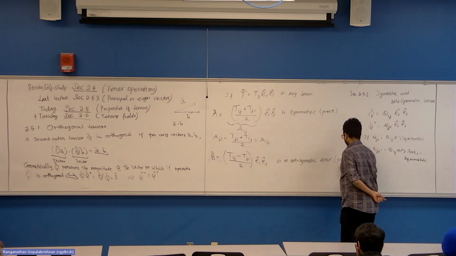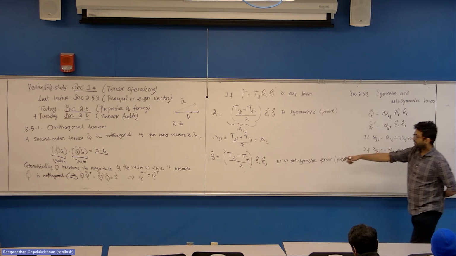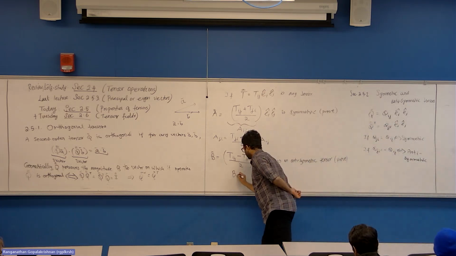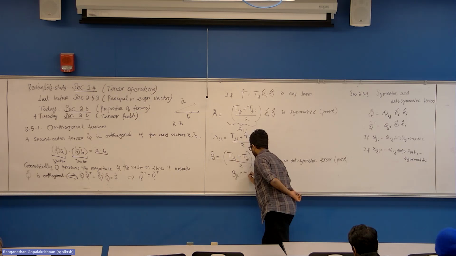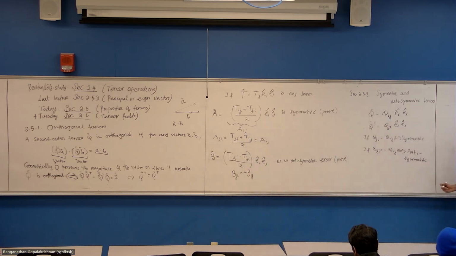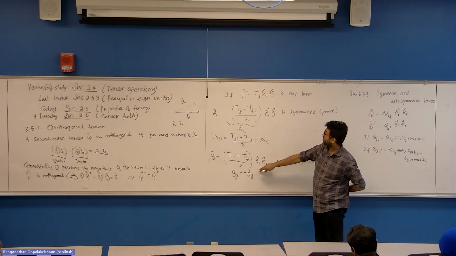Again, very easy to prove. Same type of argument: you would replace I with J and you will end up with Bji being equal to minus Bij. So this is a symmetric tensor, and this is an antisymmetric tensor.